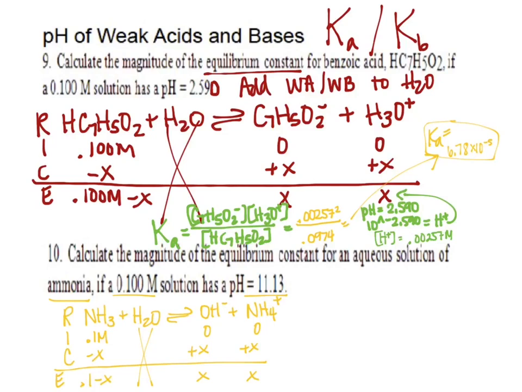So Kb, they gave us Kb? No, we're calculating Kb. So Kb is going to be equal to NH4 plus times OH minus over NH3.